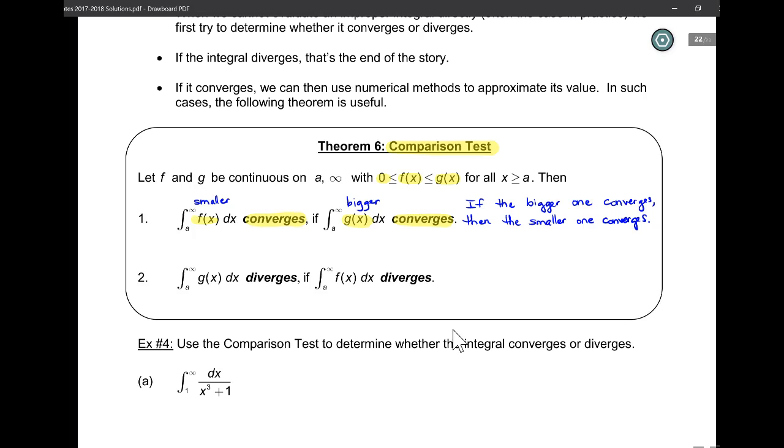On the other hand, if g of x diverges, then f of x is going to diverge. So in other words, if the larger one, this time we are comparing f of x and g of x, however, now if the bigger one diverges, then the smaller one is going to diverge.